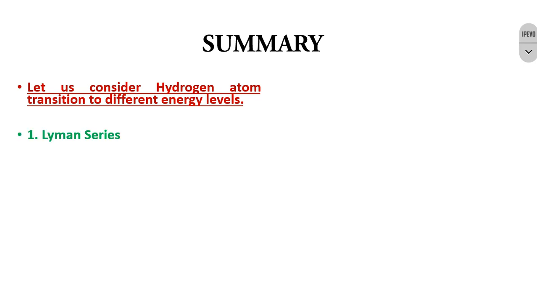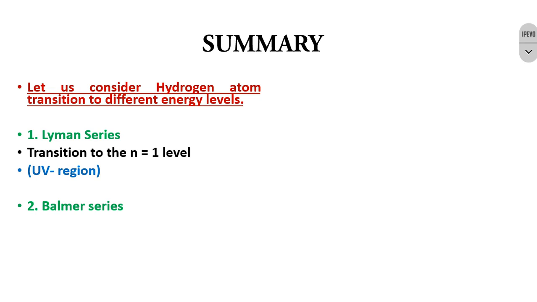The Lyman series: if you look at that figure, you see that the vertical lines all terminate at n equals 1. Those that end at n equals 1, that is, the transition to the n equals 1 level, are in the region of the ultraviolet ray, the UV region.